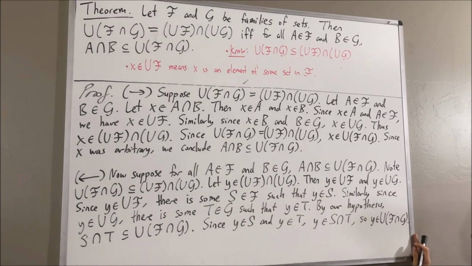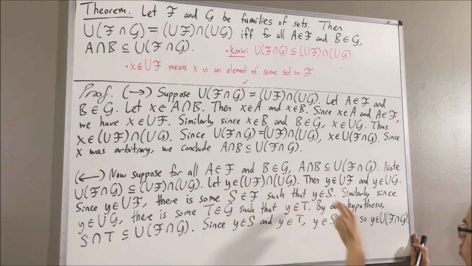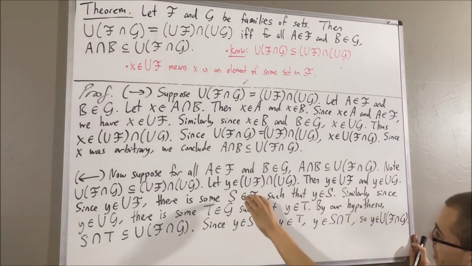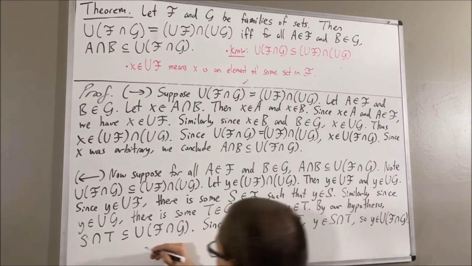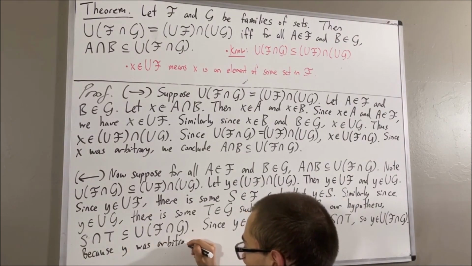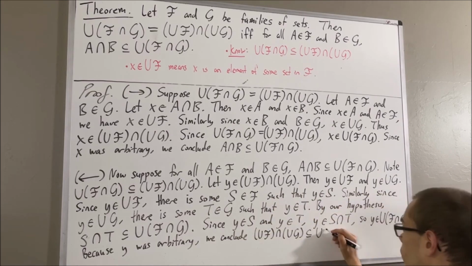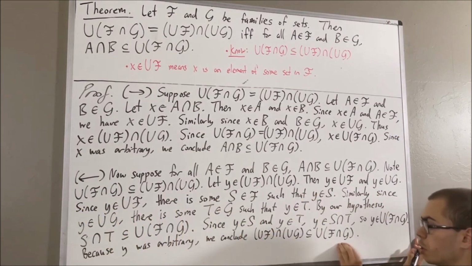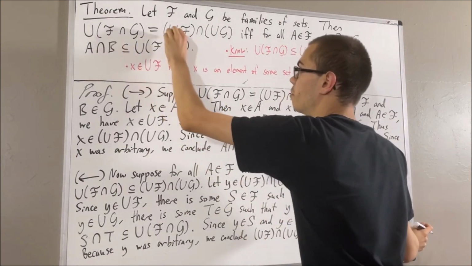So putting this together, we see that under the assumption y is an element of this set, it follows that y is an element of this set. Since y was arbitrary, this means that every element of this set also belongs to this set. So we have both inclusions, and that tells us that these two sets must be equal.